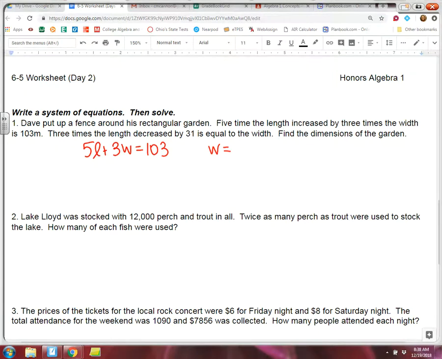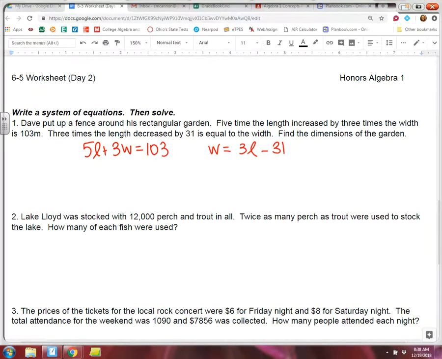It says 3 times the length decreased by 31. Does that make sense? Okay, do you want me to go ahead and work that out or no? Anybody else want me to finish number 1? Okay, number 2, there were 4,000 trout and 8,000 perch.